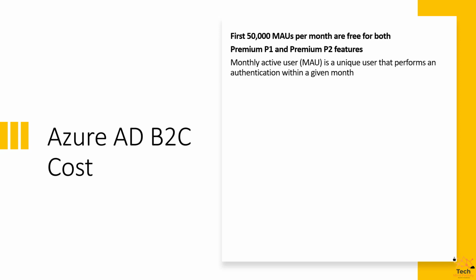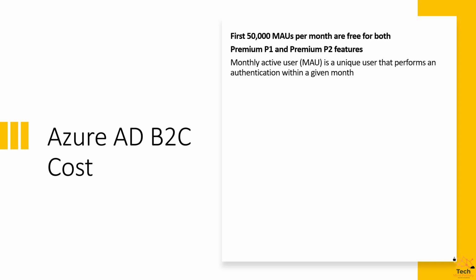And let me clarify this concept of monthly active users. A monthly active user is a unique user that performs an authentication within a given month. So the cost of Azure Active Directory B2C is not calculated per authentication operation, and it's very important to avoid this confusion. It doesn't matter how many authentication operations a user performs during one month. The user is billed once when being active.